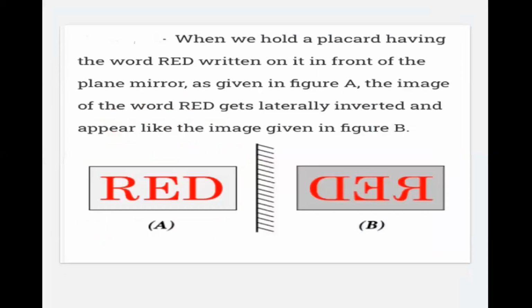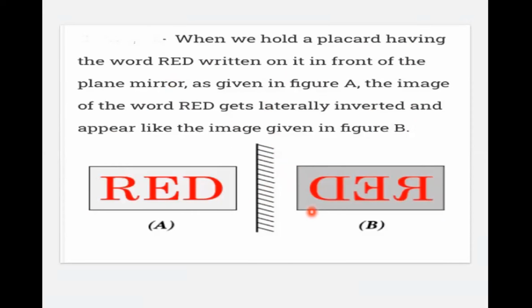Now this is again a think about it question which appears in the textbooks. When we hold a play card having the word red written on it in front of the plane mirror, as given in figure A, the image of the word red gets laterally inverted and appears like the image given in figure B. If you carefully look at the word red placed in front of the mirror, the image of the word red appears like this.